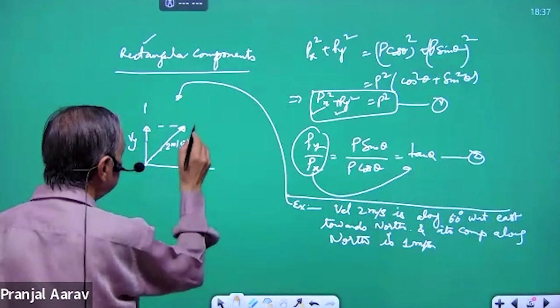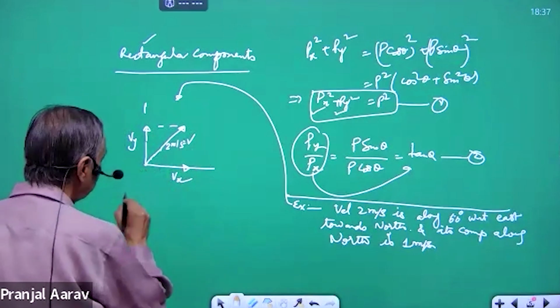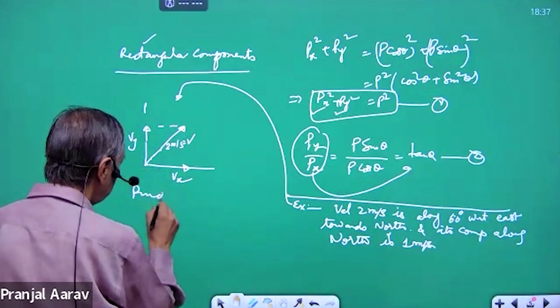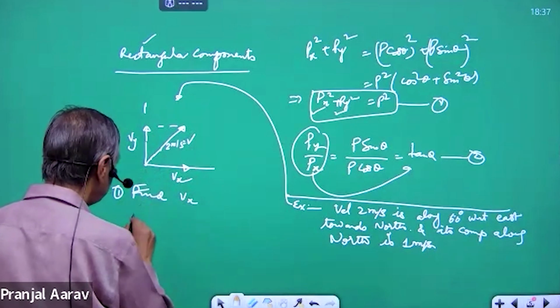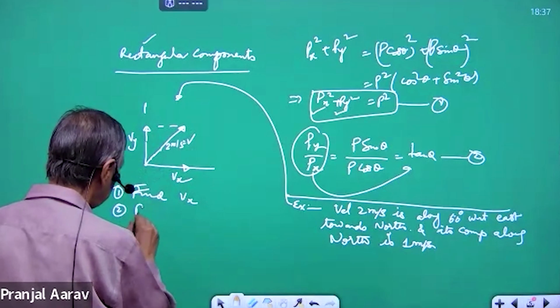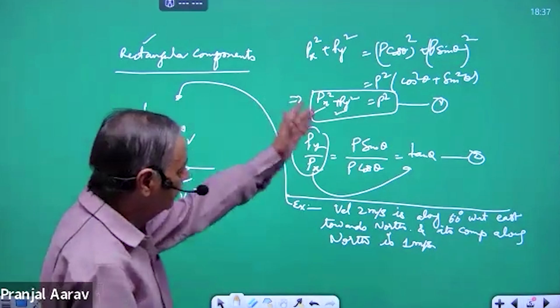This is V. This is Vx. Find Vx. Find theta. Just using these.